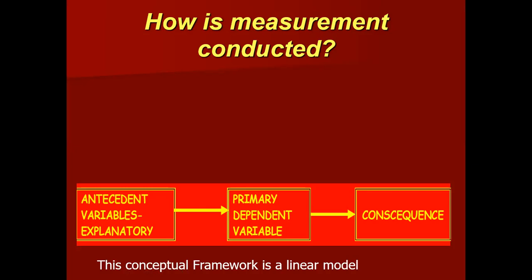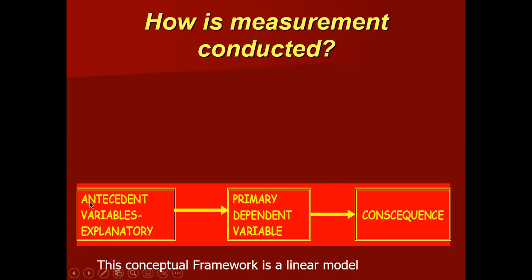So when we have a conceptual framework here, we consider a linear model. In a linear model, we have the ABC, we usually call this the ABC. All right, so the A is the antecedent variable that we call the explanatory variable. The explanatory variable consists of two major sources of variables.